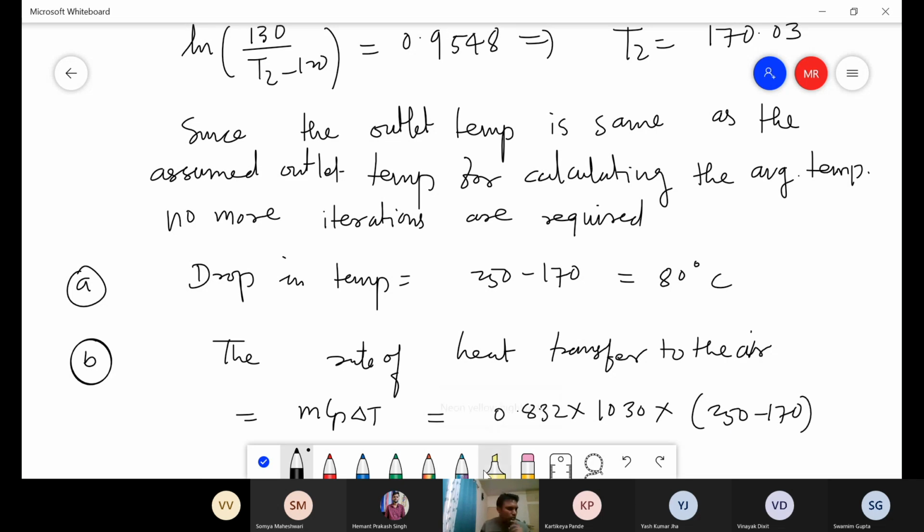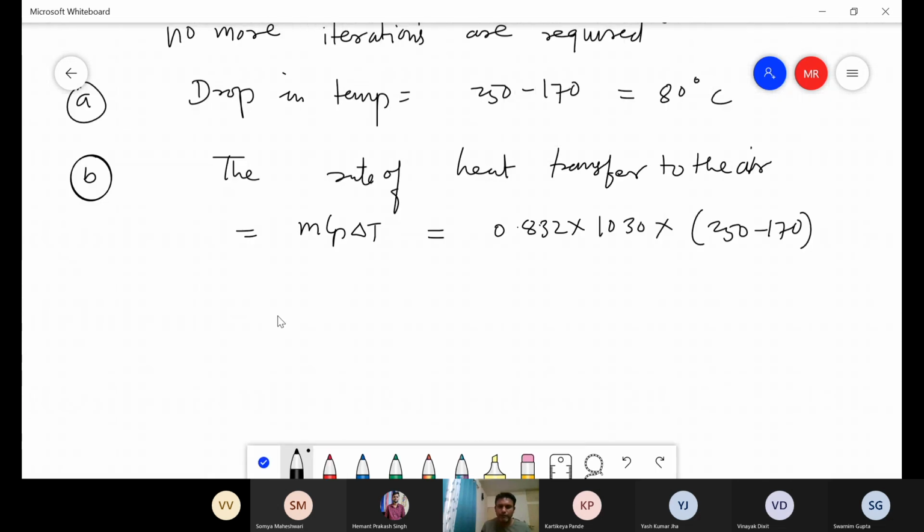So this comes around 68,560 watt, so 68.56 kilowatt. So this is the answer for part B.